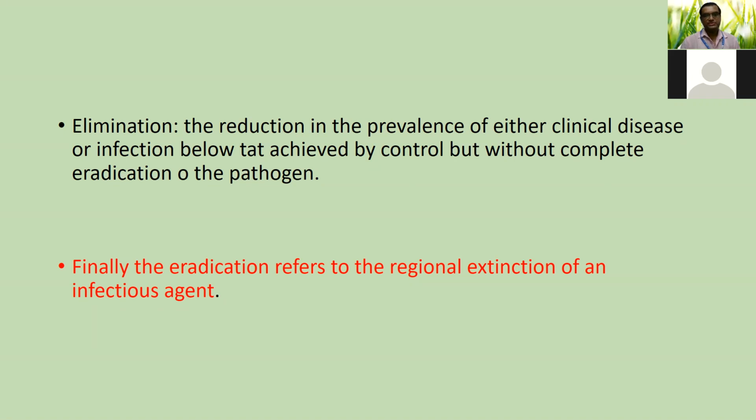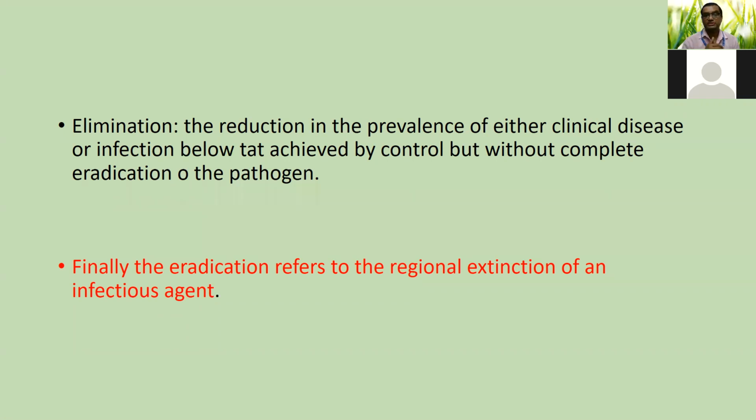It means we can reduce the prevalence to a level lower than that achieved by control. We have learned the definition of control: control is nothing but those strategies which can reduce mortality and morbidity. By elimination, we mean that these strategies can reduce the prevalence of disease below the level of control.